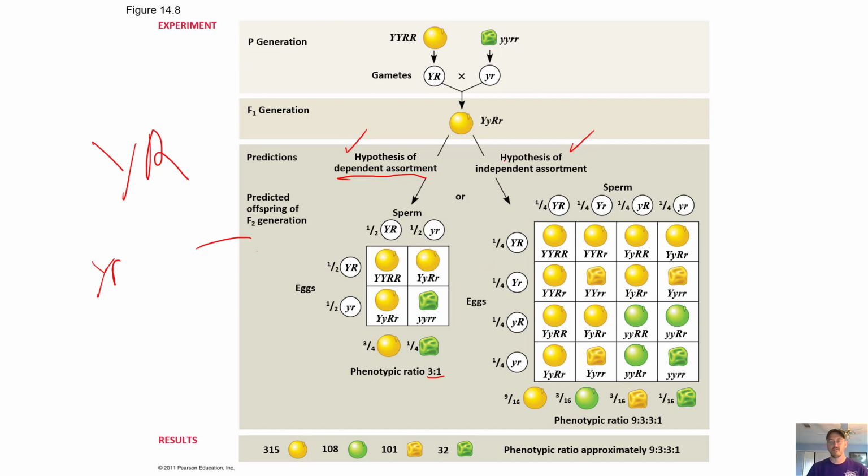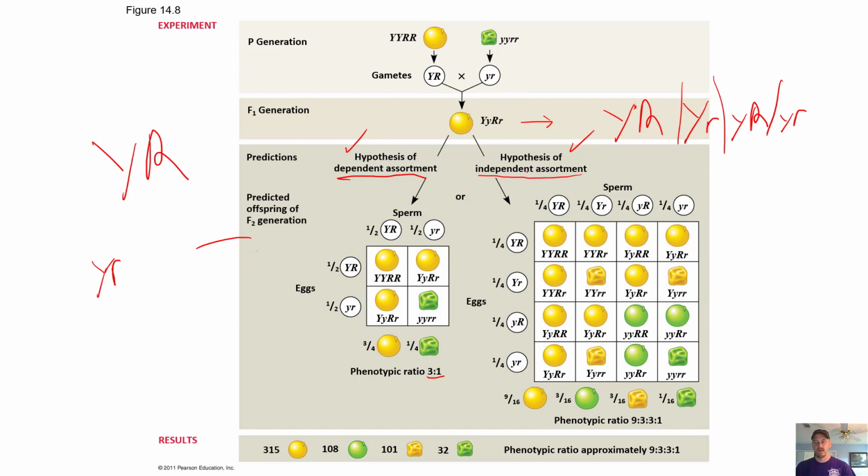And if independent assortment is true, then sperm or egg from this individual could be big Y, big R. It could be big Y, little r. It could be little y, big R, or it could be little y, little r. So there are 4 gamete possibilities if the hypothesis of independent assortment is correct, leading to this prediction of offspring.